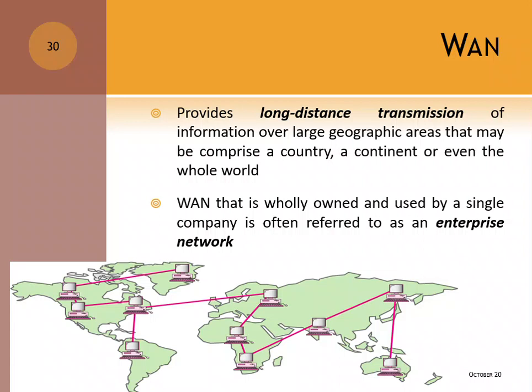So, berbanding LAN dan MAN, WAN ni lebih coverage dia, which is long distance transmission over large geographic area, melibatkan negara ataupun the whole globe of world. Okay. Dan WAN yang dipunyai oleh satu company, we call it enterprise network. Kalau satu company tu dia ada banyak branch all over the world, it may have one network.